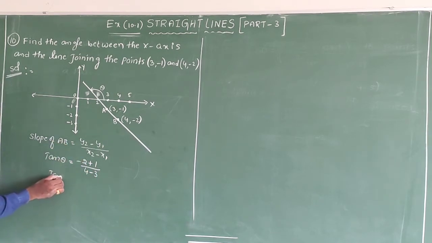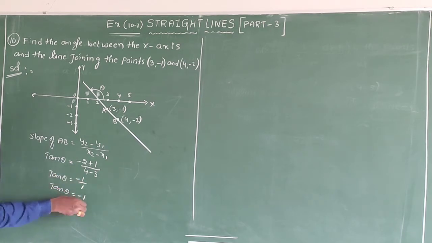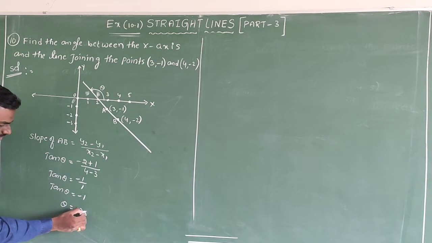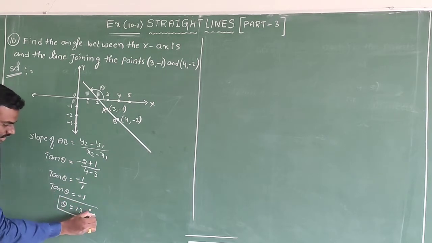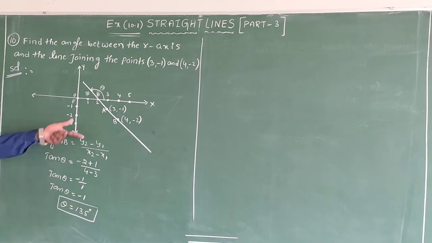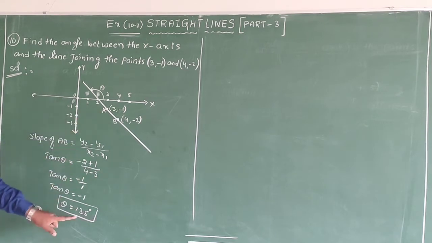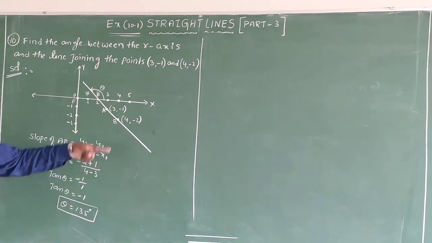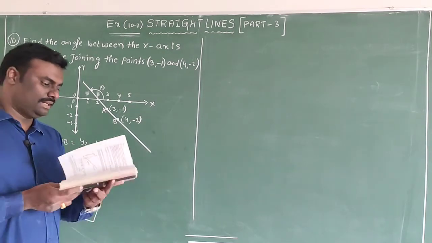Now tan theta is equal to minus 1 by 1. Now tan theta is equal to minus 1. When tan value is minus 1, tan 135 value is minus 1. Therefore, line AB makes an angle of 135 degrees with x axis. This is question number 10.